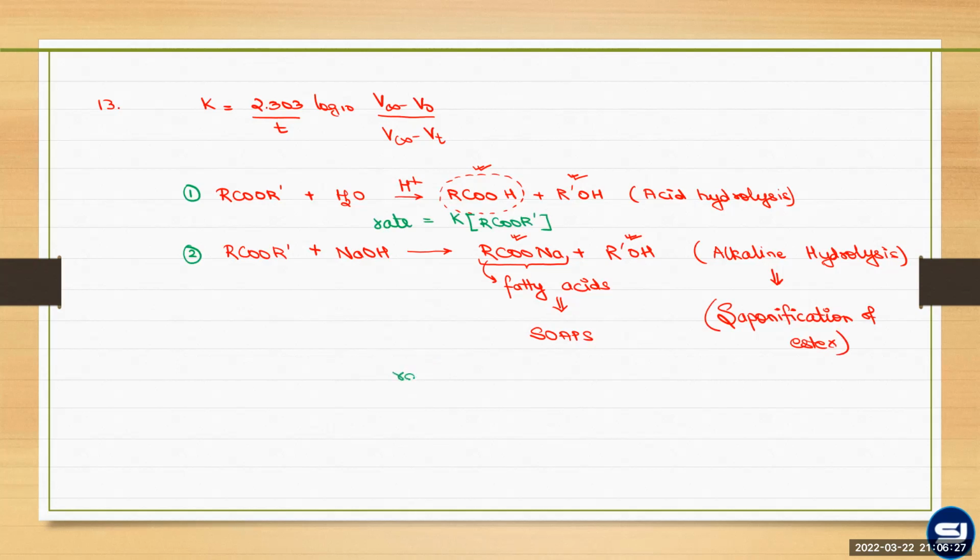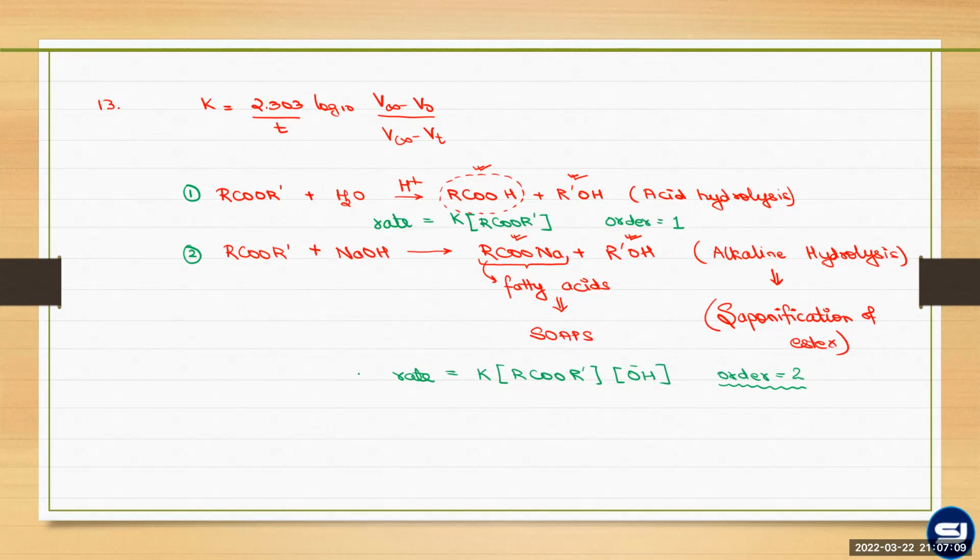But in case of alkaline hydrolysis, its rate is found to be proportional to concentration of ester as well as the concentration of the alkali used. फर्क ये है कि in the acid hydrolysis it follows a first order kinetic, but saponification के टाइम पे it is not a first order, it would be a second order kinetics. This difference is very important. Clear है यहाँ तक?